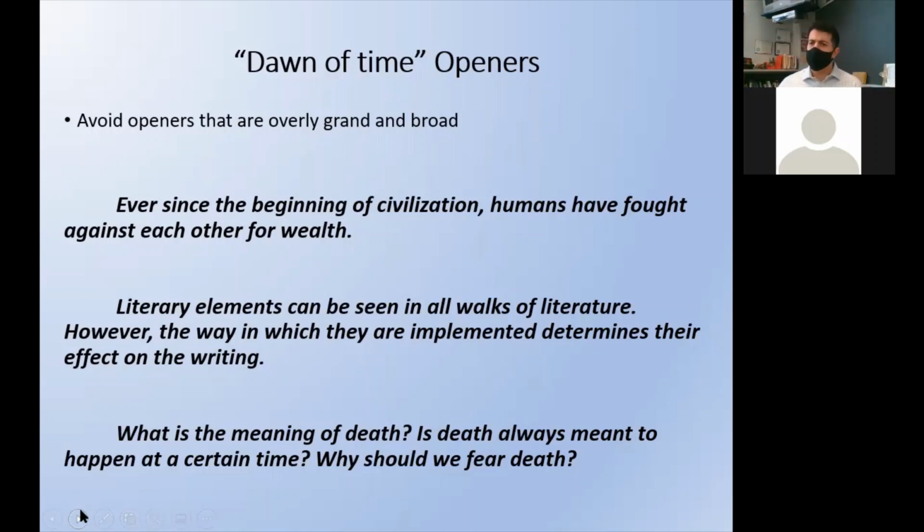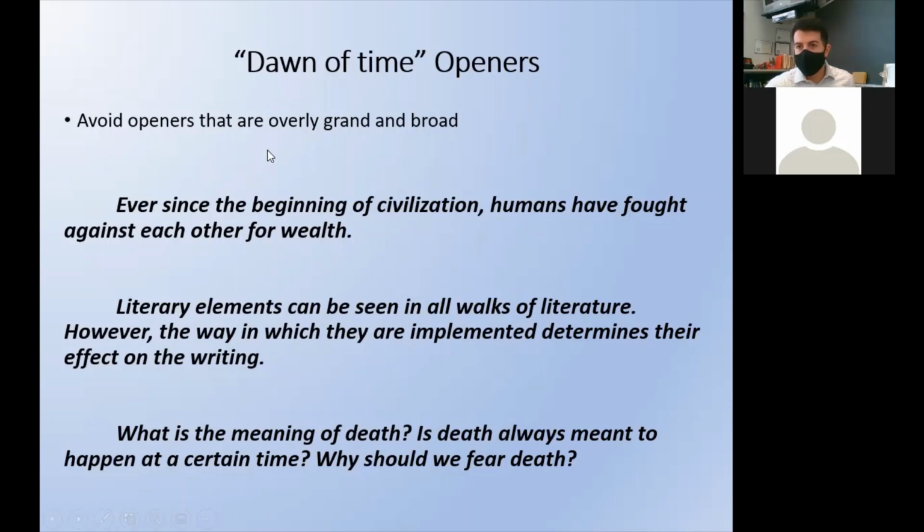And it's meant to sound profound, but often it just comes off as kind of obvious and whoever's writing it is trying too hard. Okay. And usually the sentences talk about something that's been true since the dawn of time, or since the dawn of civilization, or since the dawn of humanity, and so on.